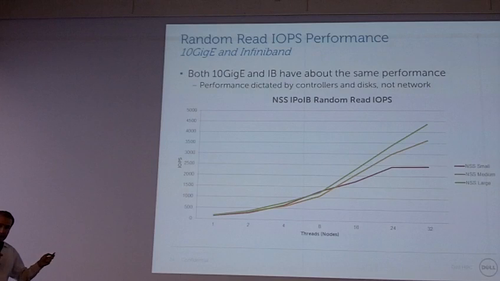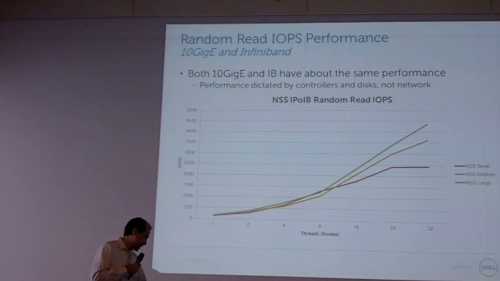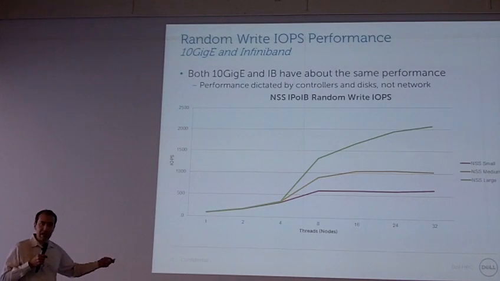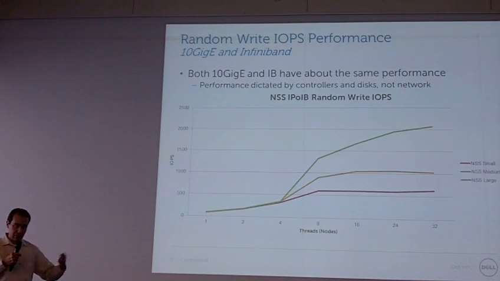We noticed that with InfiniBand versus 10 gig, there wasn't much difference in the random performance because the bottleneck is not the network in this case, but the disks are the bottleneck. So we didn't publish the 10 gig results for the random workloads since they looked very similar to the InfiniBand case.